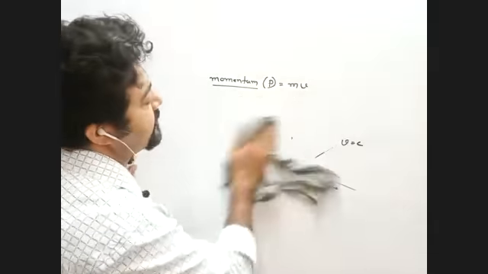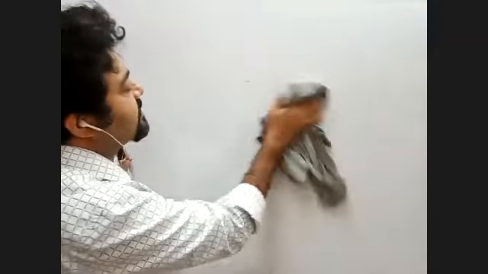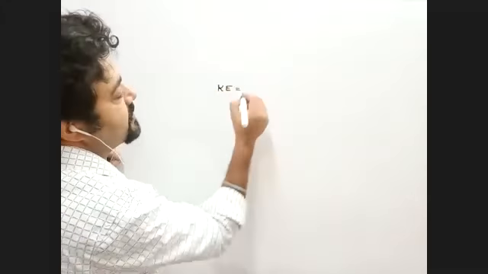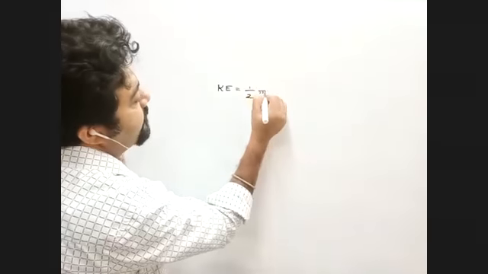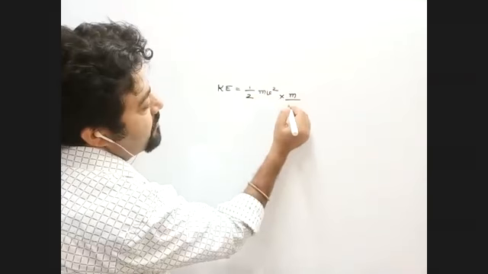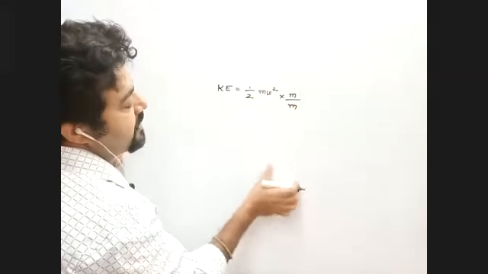Next, the important term is how you relate momentum and kinetic energy. Very important. The kinetic energy, we know, is half mv square. We can multiply it by mass and divide by mass.